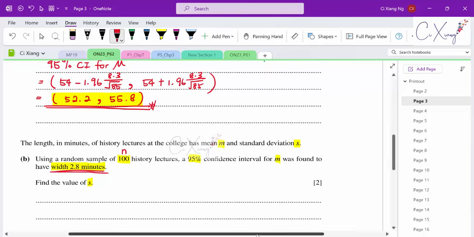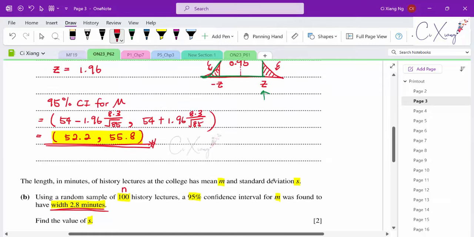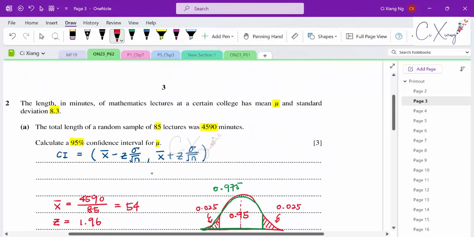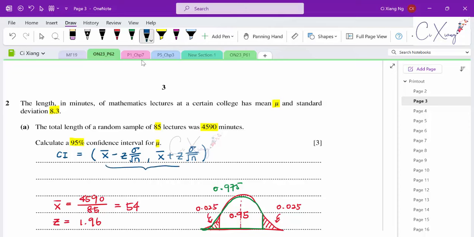So let's have a look at what the width of a confidence interval is. We go back to our part A just now. Just now I showed you the formula for the confidence interval, right? This is the lower limit and this is the upper limit. Therefore, the difference between the upper limit and the lower limit is actually the width.